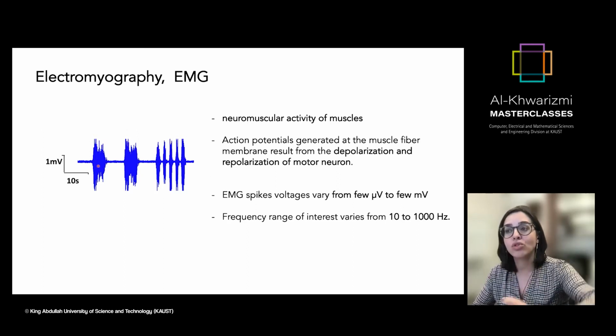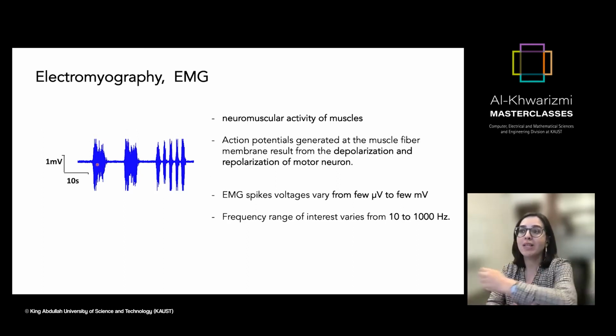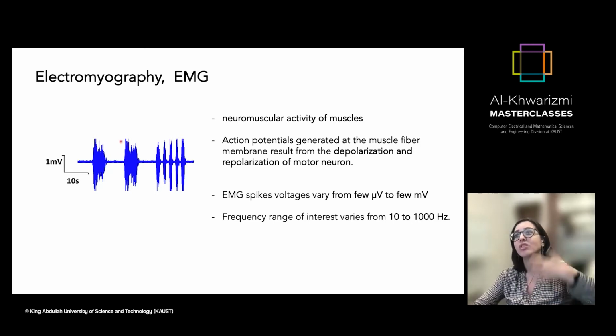Here the neurons that form those muscles are just firing, and the action potentials they are firing at the muscle fiber can be recorded with these EMG electrodes. Here, for instance, the muscle is contracted, and then this part is relaxed, and then it's contracted again. So there are neurons again firing, and this is when you can see their activity.